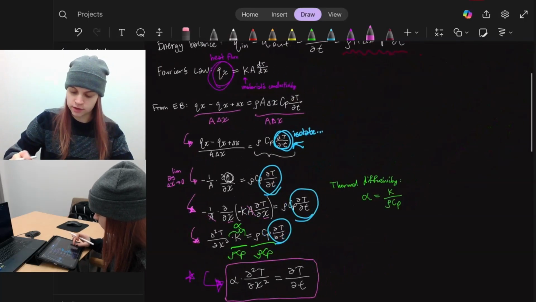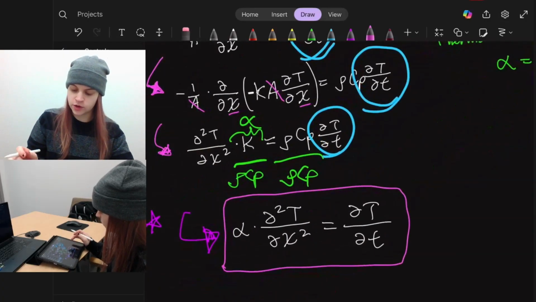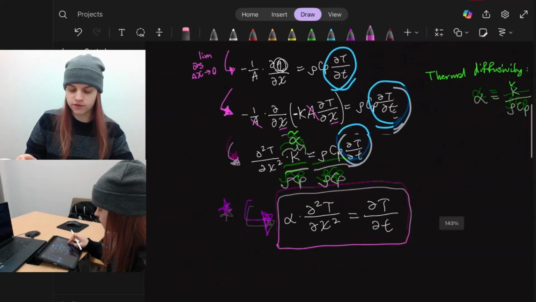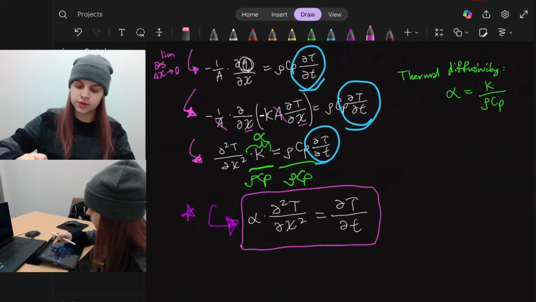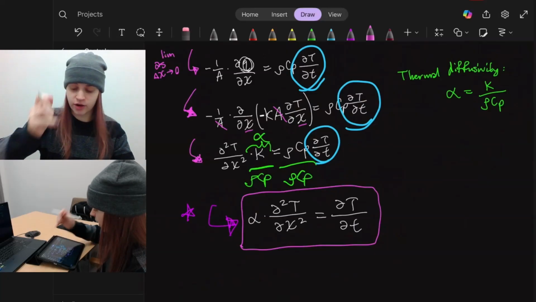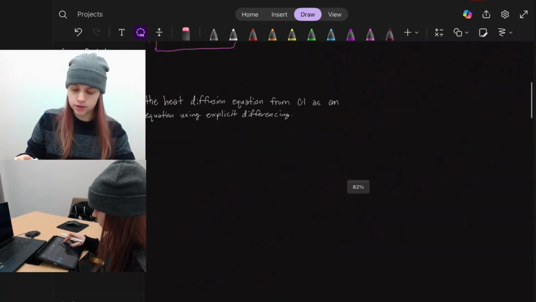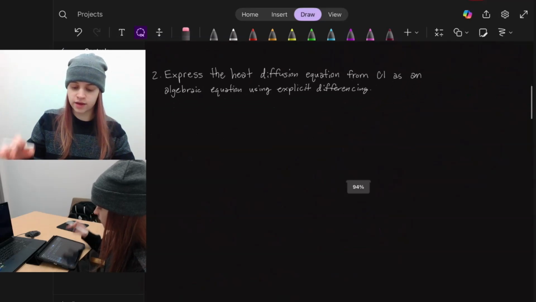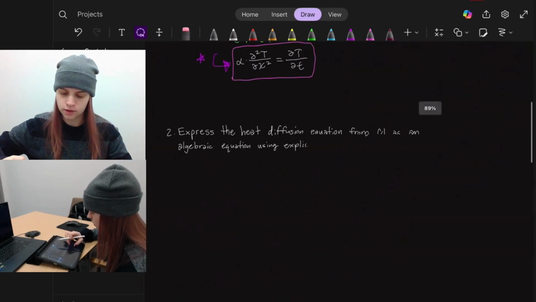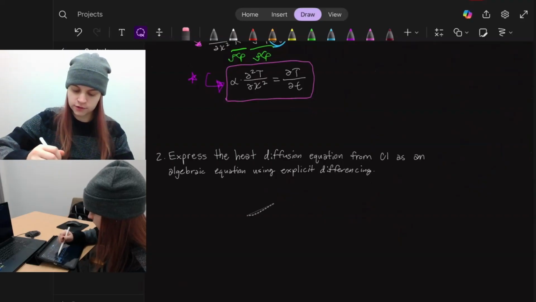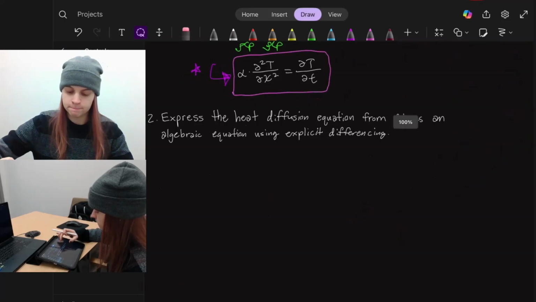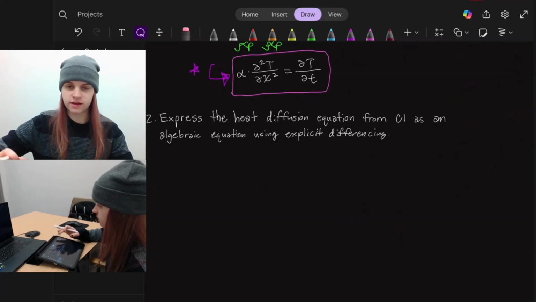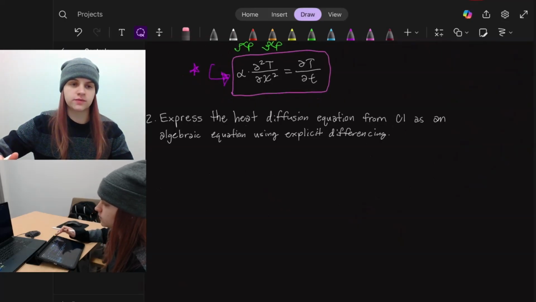That is our equation that we will be going off of for the majority of this video, or all of this video. So we want to simplify this so that we can put it into code easily and be able to graph things more easily. What we want to do is express the equation right above it as an algebraic equation using explicit differencing.